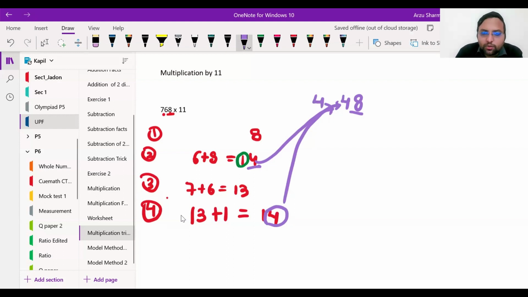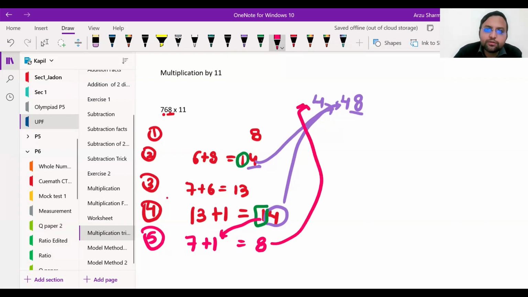We'll keep this 1 as it is, for now. And the final step is to add this 1 to the hundreds digit. So 7 plus this one is 8. Finally, this 8 moves here. So the answer is 8,448.